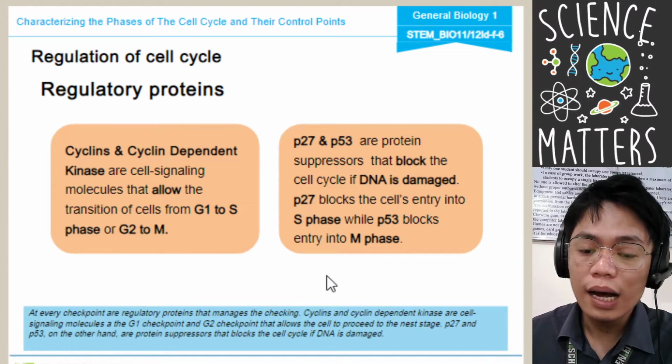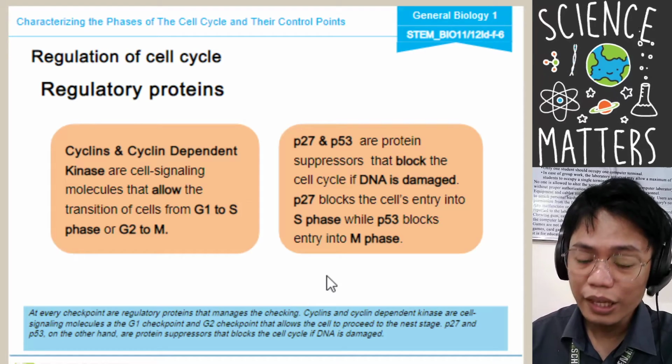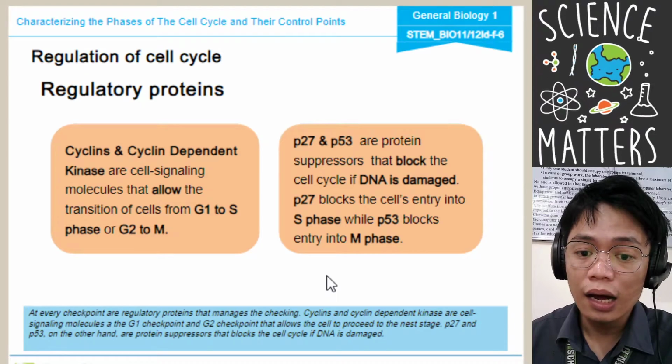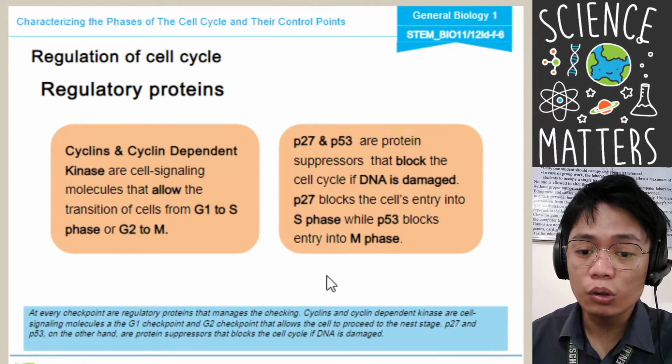So kapag halimbawa if it happens that DNA is damaged, then there is the so-called programmed cell death na nangyayari.